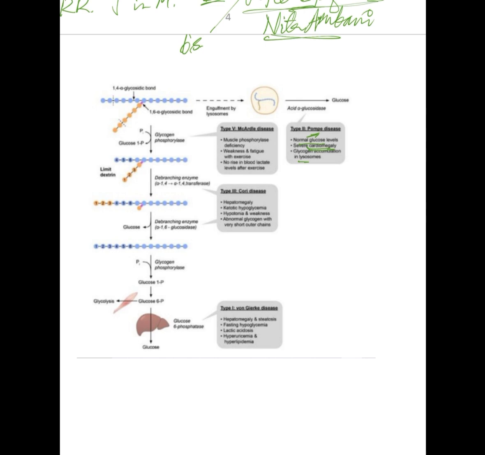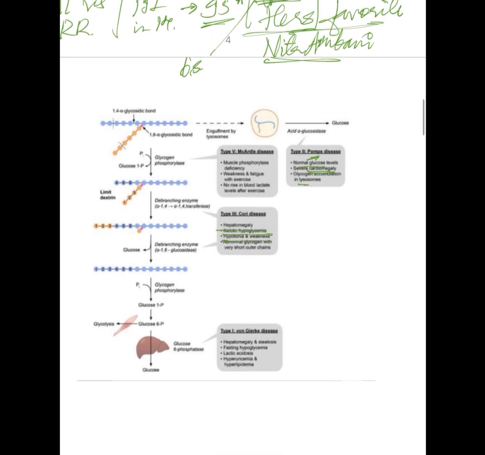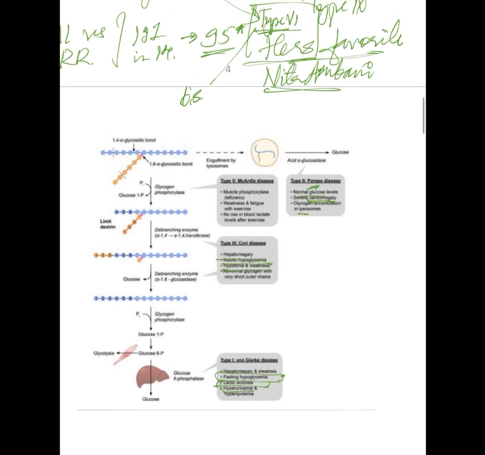In Cori's disease, there is hepatomegaly, and there is also hypotonia with ketotic hypoglycemia. In von Gierke's there is not ketotic hypoglycemia, there is fasting hypoglycemia. And there is also lactic acidosis with hyperuricemia. Hepatomegaly will always be present, as they all come under the same category.